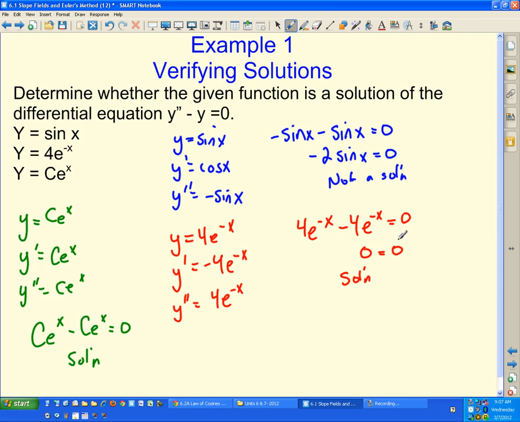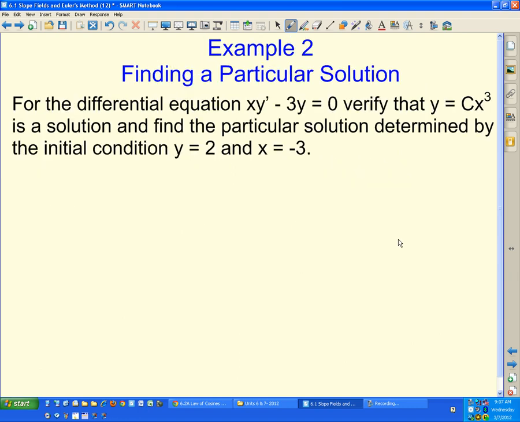My final example that I'm going to deal with today says, for the differential equation x y prime minus 3y equals 0, verify that y equals c times x cubed is a solution, and find the particular solution determined by the initial condition that y is 2 and x is negative 3.